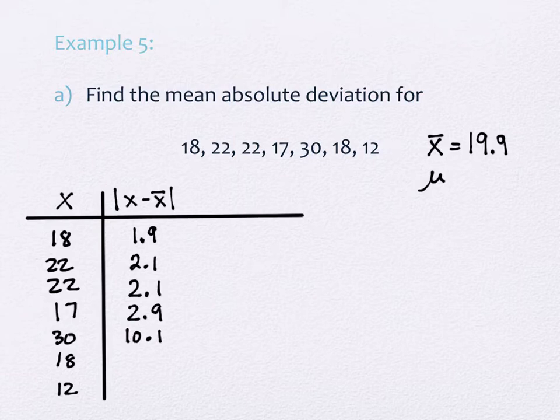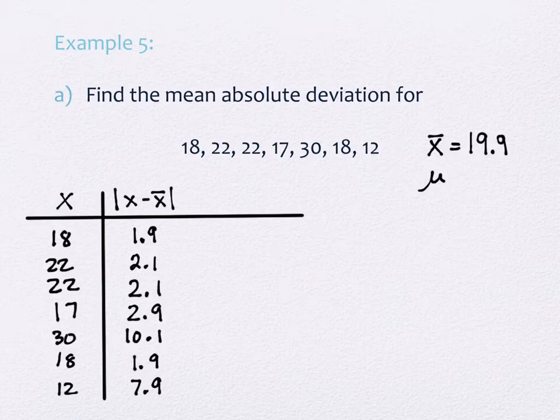It's 10.1. I already did the 18, so it's another 1.9. And 12 minus 19.9 is 7.9. Is that okay so far?